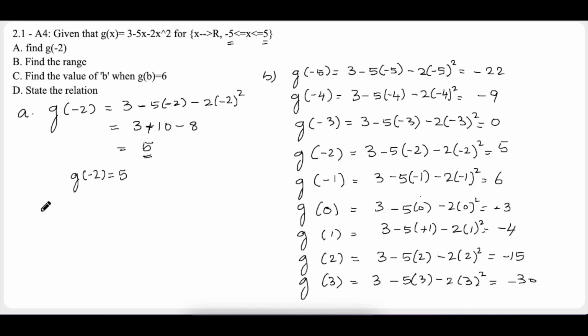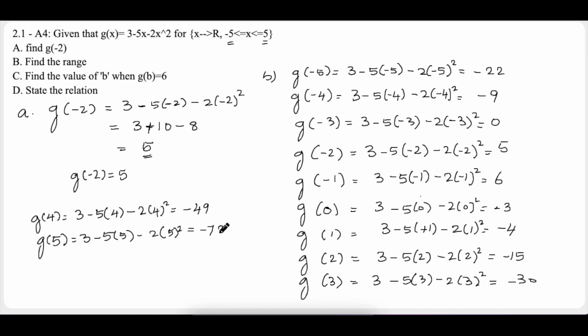Then similarly, g of 4 equals 3 minus 5 times 4 minus 2 times 4 the whole squared, which equals minus 49. g of 5 equals 3 minus 5 times 5 minus 2 times 5 the whole squared, which equals minus 72.